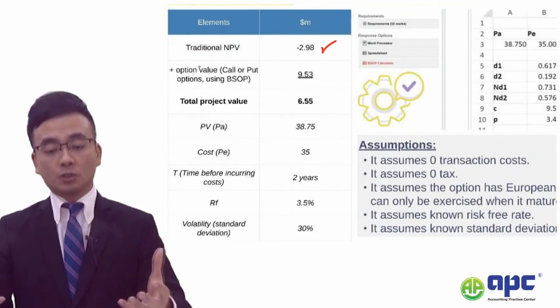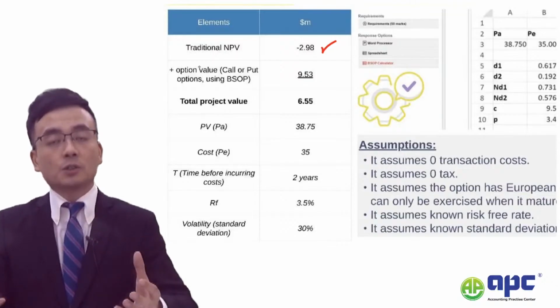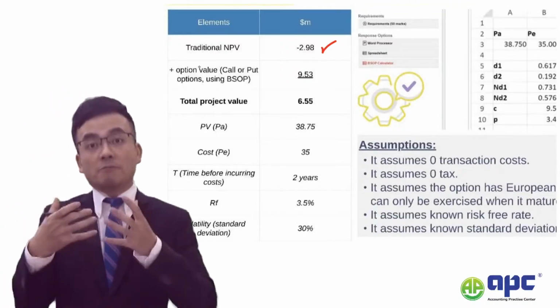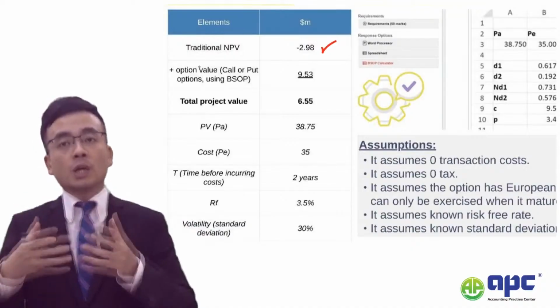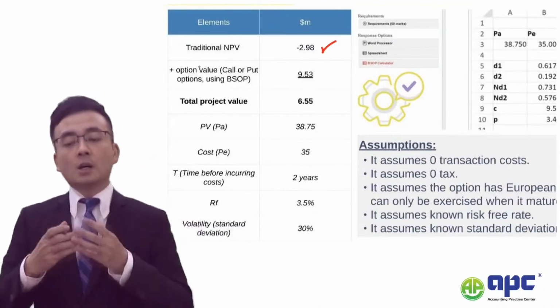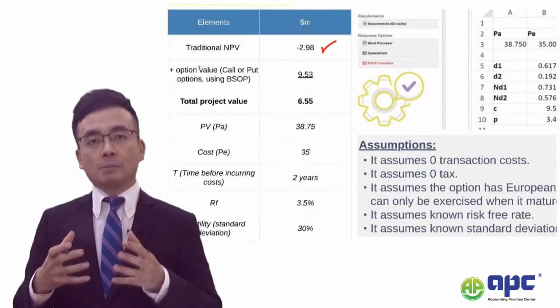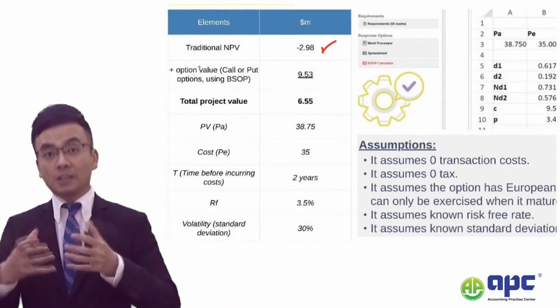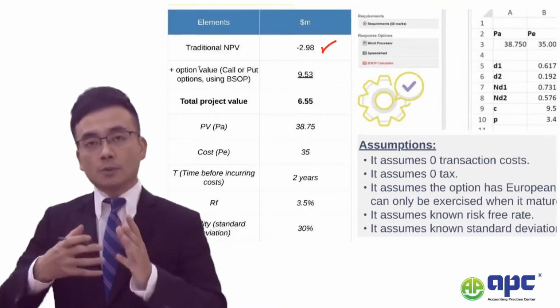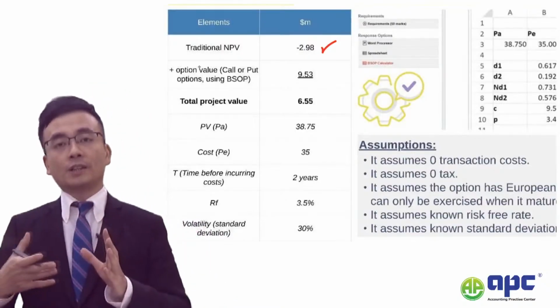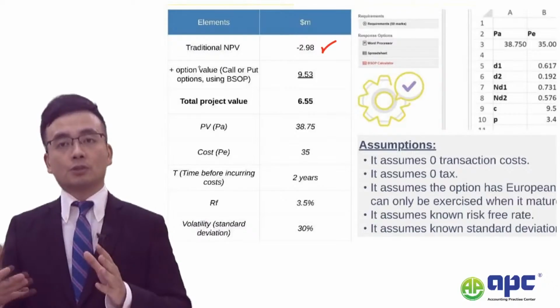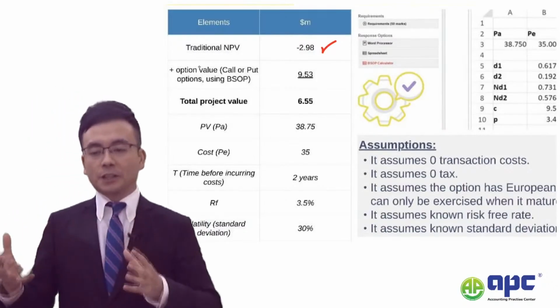So for example, if the traditional NPV of a project is minus 2.88, which means from a financial point of view, if we were to invest in that project, our shareholders' wealth would reduce by $2.88 million, without considering the options that we may be delaying the project, or selling off the project at the end of the 5th year and something like that.